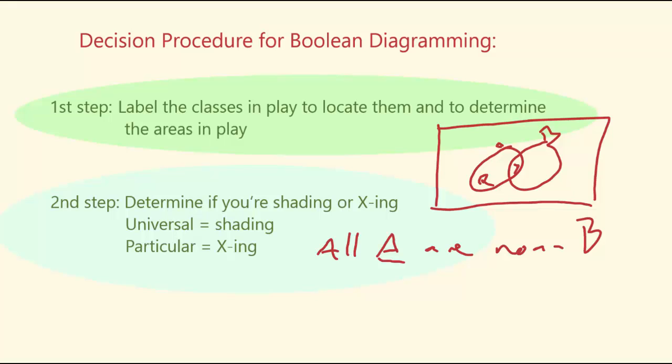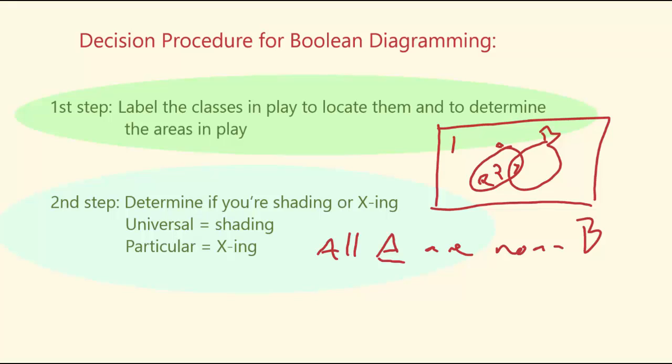But then we might also be interested in area 1 since it's a non-B. But notice we're doubly interested in area 2 because that's also where our non-B's are. So we should be paying attention to areas 1, 2, and 3, but especially close attention to area 2.